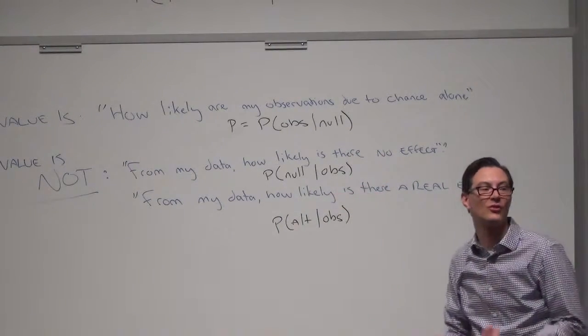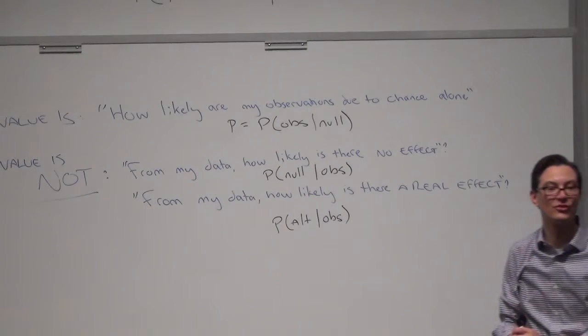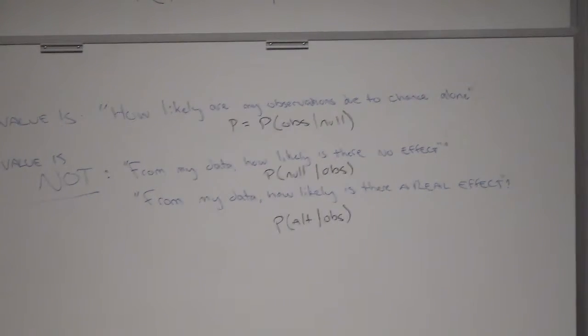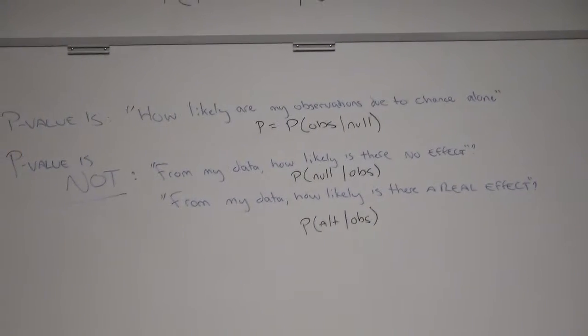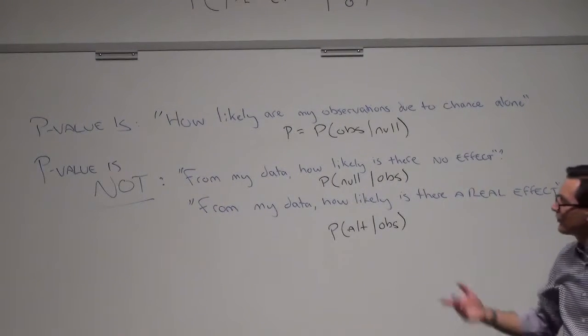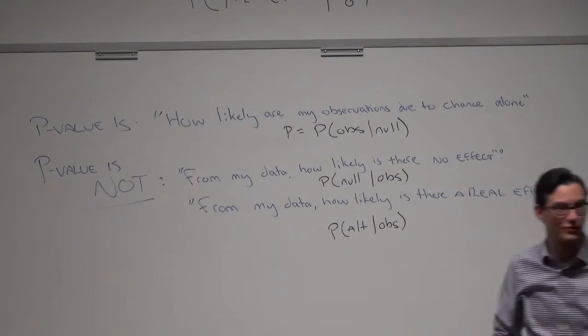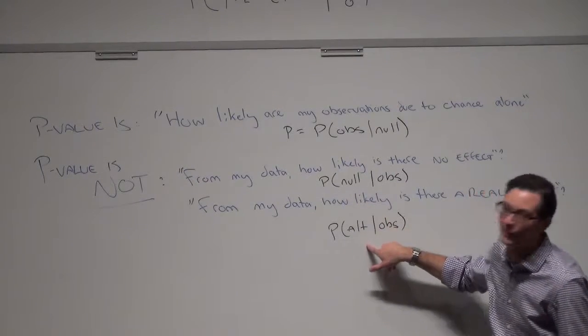So how does this cause problems in reasoning? How does this cause mistakes in biology? And so fundamentally, the real problem here is that the more interesting thing that we would like to know, the question that we would like to answer, is this question.